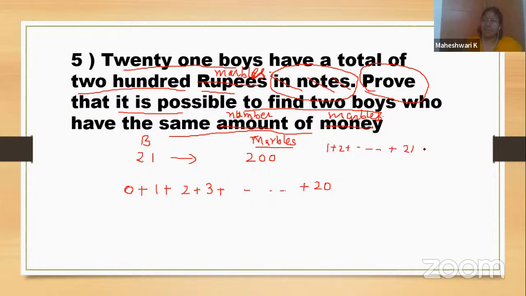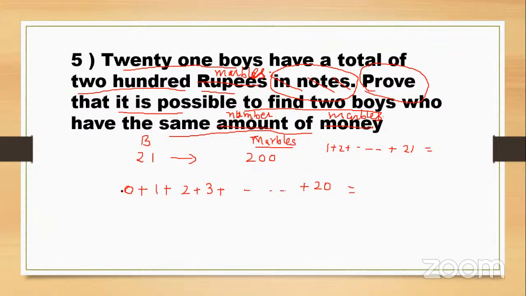Now if I subtract 11, suppose the 11th boy does not have any, that gives 220, and suppose the 10th boy also does not have any, that would give 200.